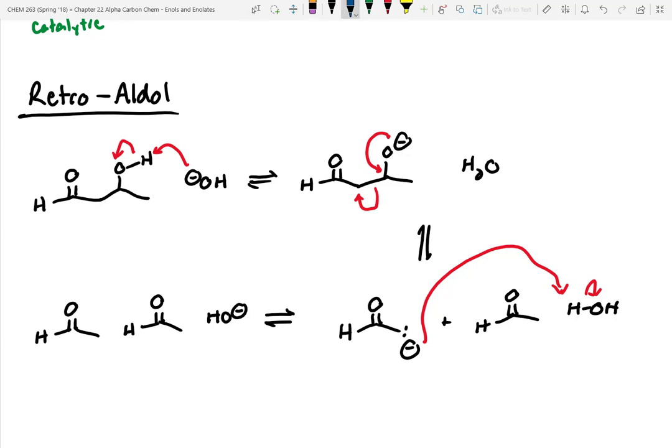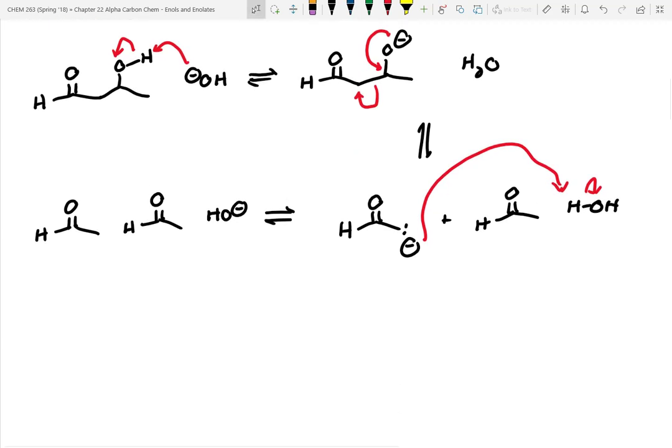So let's make some notes here. The aldol reaction is favored with aldehydes.